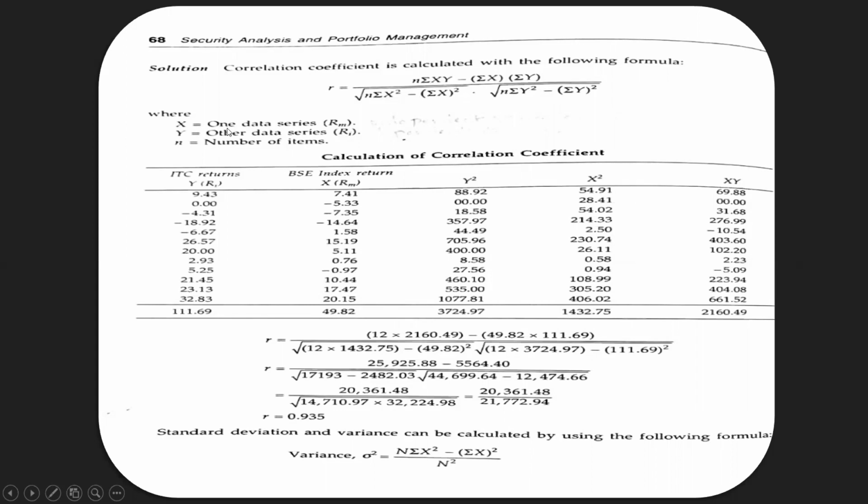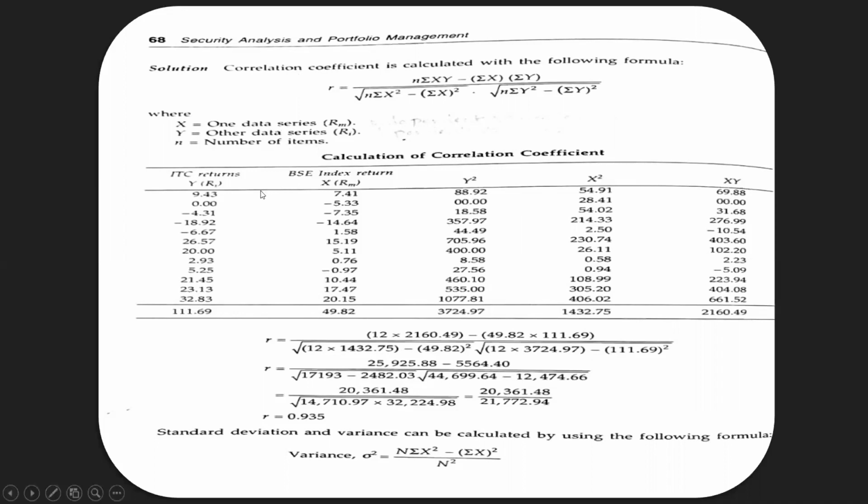Here the independent variable is the market index value, denoted as RM. The dependent variable is the values of the individual security, denoted as RI, the y variable, and small n denotes the number of items.